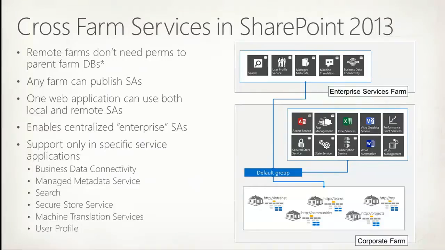The list here are the service applications that are supported for cross-farm services. The ones that we're going to touch on in the demo in our solution are basically the user profile and the search service application. And in this diagram, you can see that you have an enterprise farm, and it's consuming both remote services from the services farm and also local service applications.